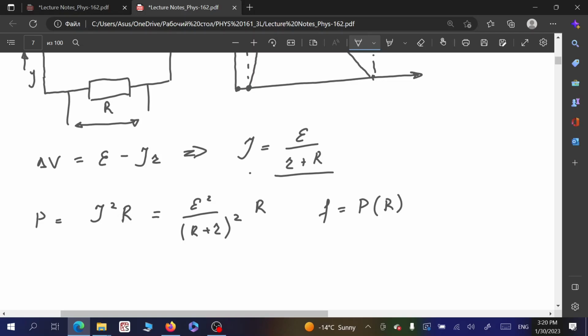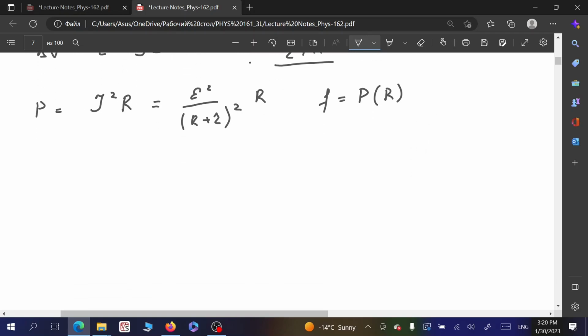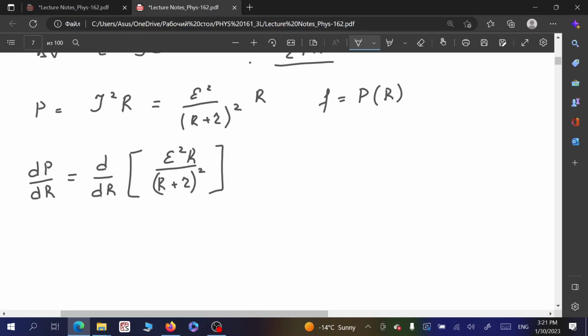So let us try to do it. How? Okay, first derivative of power over resistance. Of our function, we have epsilon square over (R capital plus R) square, and here we also have R capital.